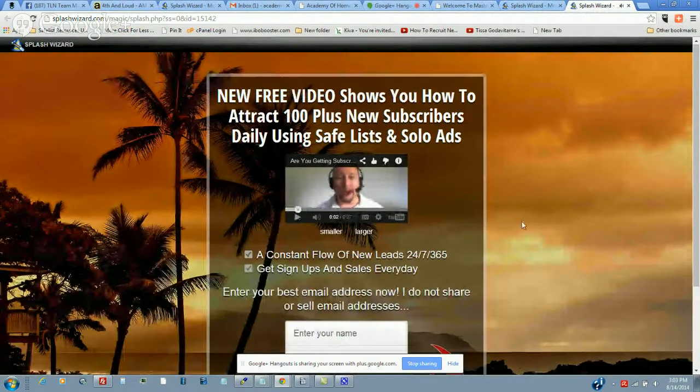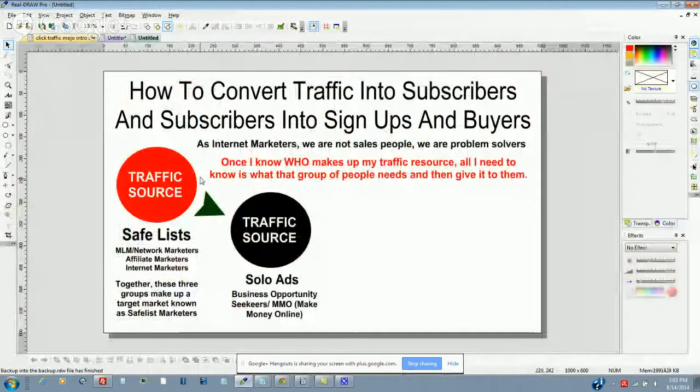So in this example, as I stated this morning, I am offering people a solution to a problem that many safe list marketers face. They're not converting the traffic into subscribers on their list at a great enough rate and a large enough volume to get the conversion they're looking for.